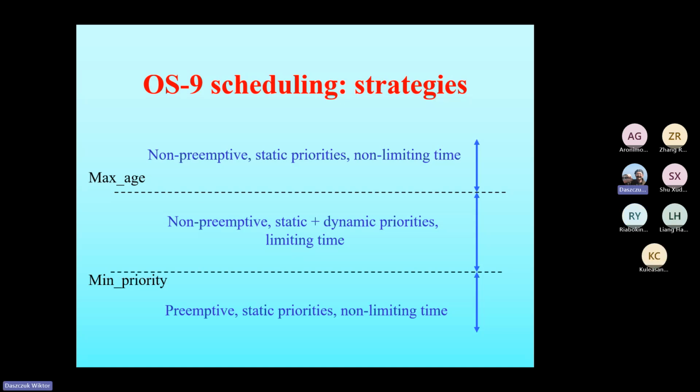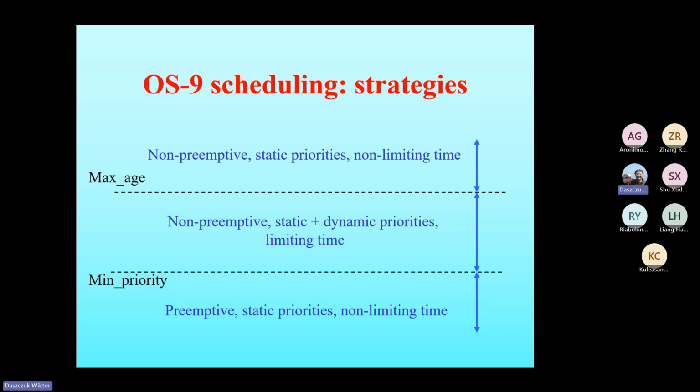So we have three strategies in this system. Over max age is non-preemptive with static priorities, and we do not limit time for a process. In the aging area, it is non-preemptive.